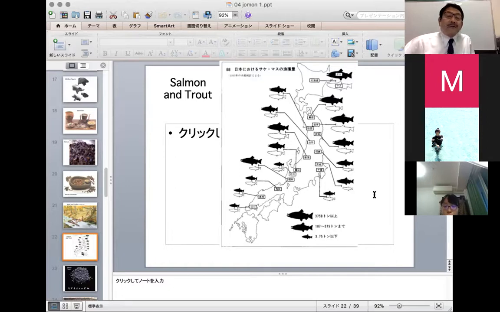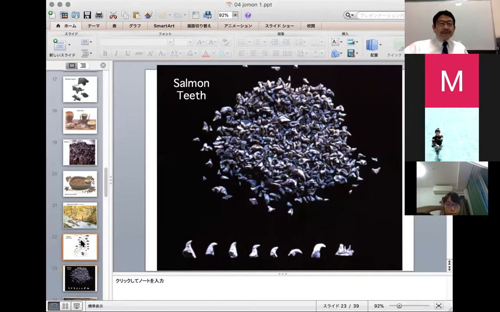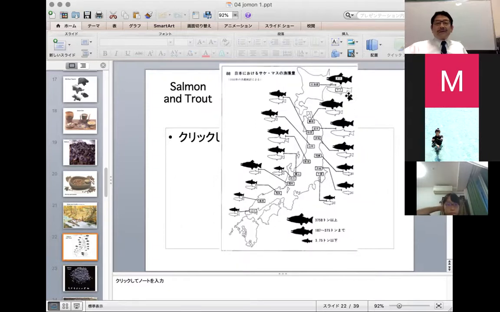And this probably was also the tendency in Jomon time too. Jomon culture did not flourish all through the Japanese islands. It was so prominent in the eastern or northern half area, including Tokyo area, and not so much in the western half. And we don't really know why, but probably that's due to the environmental conditions.